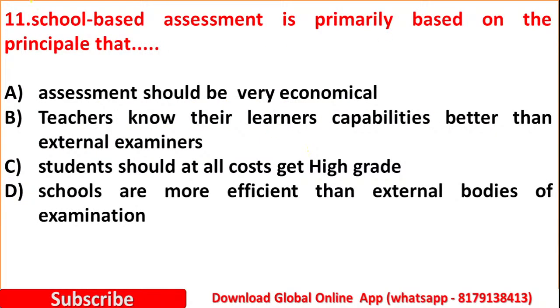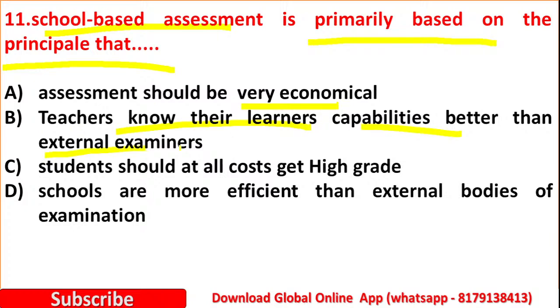Question number 11. School based assessment is primarily based on the principle that: option A, assessment should be very economical. Option B, teachers know their learners' capabilities better than external examiners. Option C, students should at all costs get a high grade. Option D, schools are more efficient than external bodies of examination.